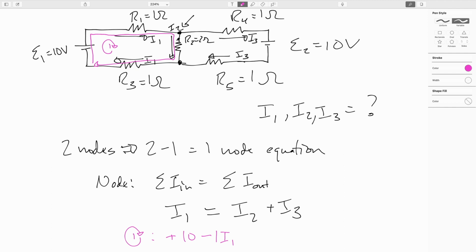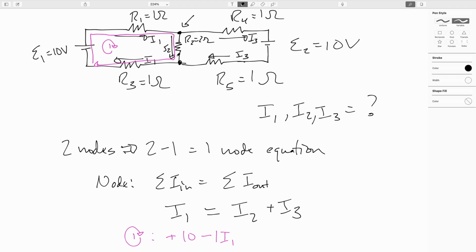And here, I've got to be careful. Here's I2 right here. Remember, that was I2 right there, and this is 2 ohms.